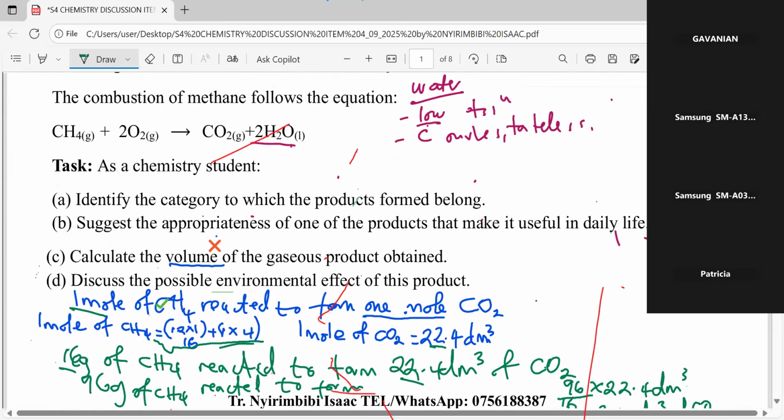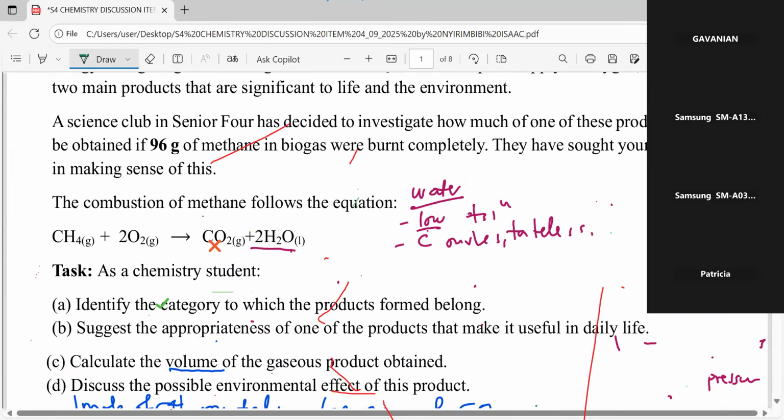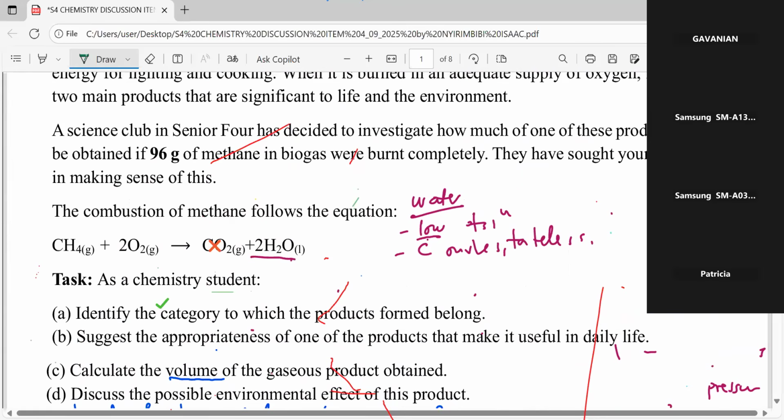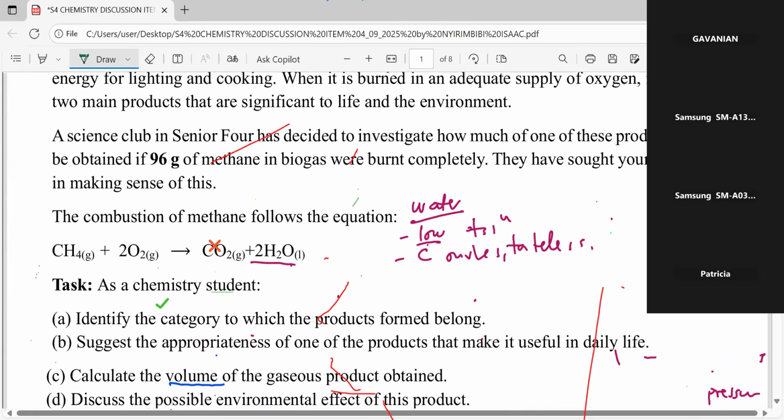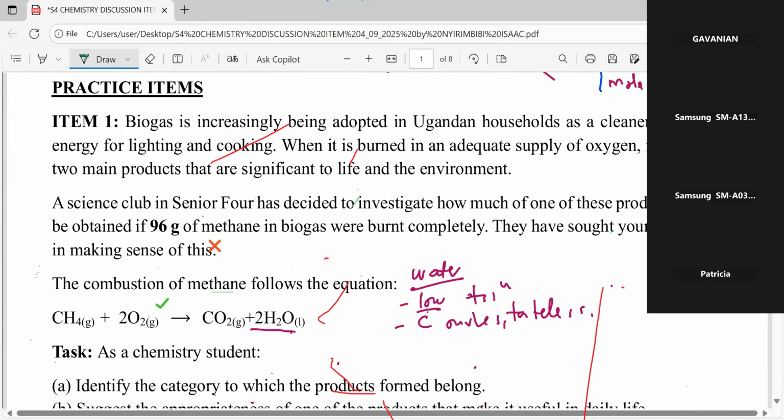Did they specify? Let's find out. The product will obtain at 96. Okay, here they have not given us. But always, they will always give it to you, whether it is at STP or whether it is at RTP. They will always specify.